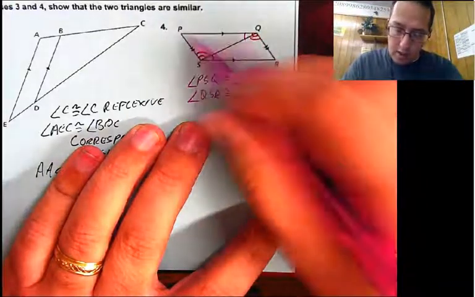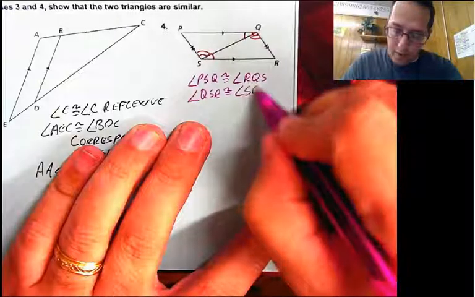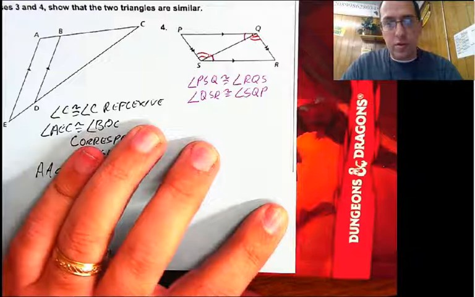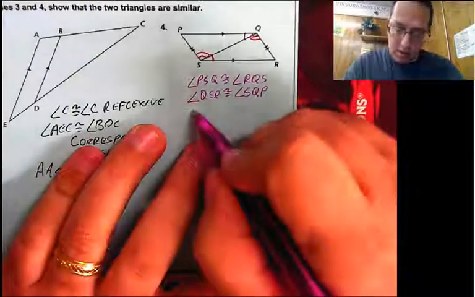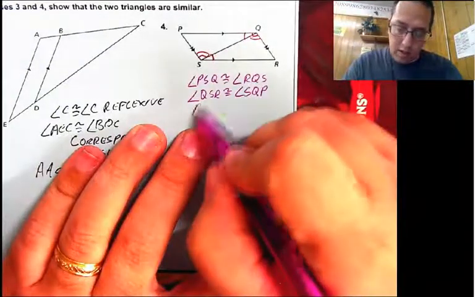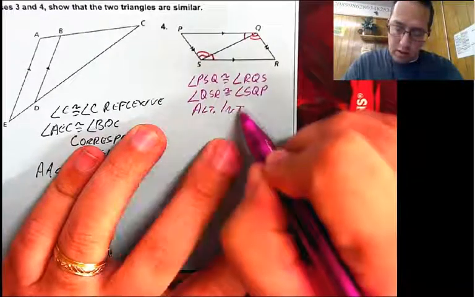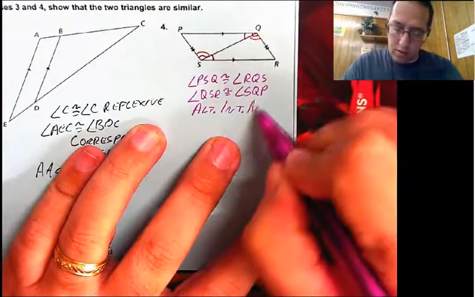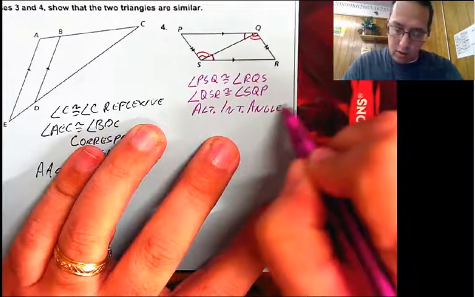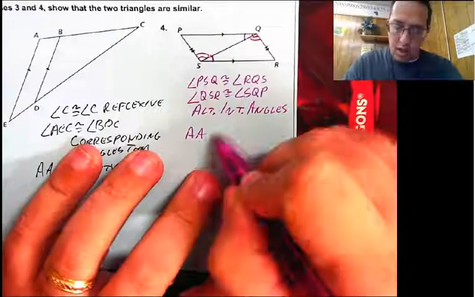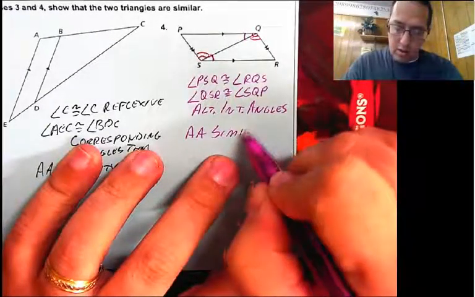This one here, SQP, which means I have two sets of congruent angles, and okay, well, first off, I gotta say why. We know this by alternate interior angles. And so we have angle-angle similarity.